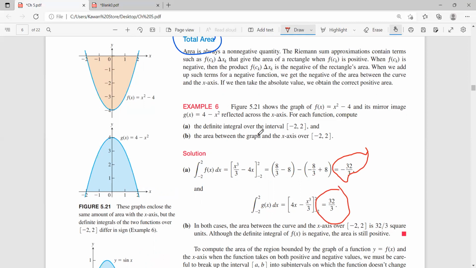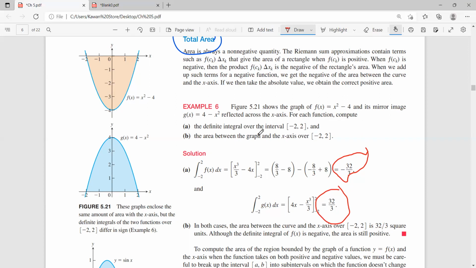The negative is under the x-axis. Negative value for the area.